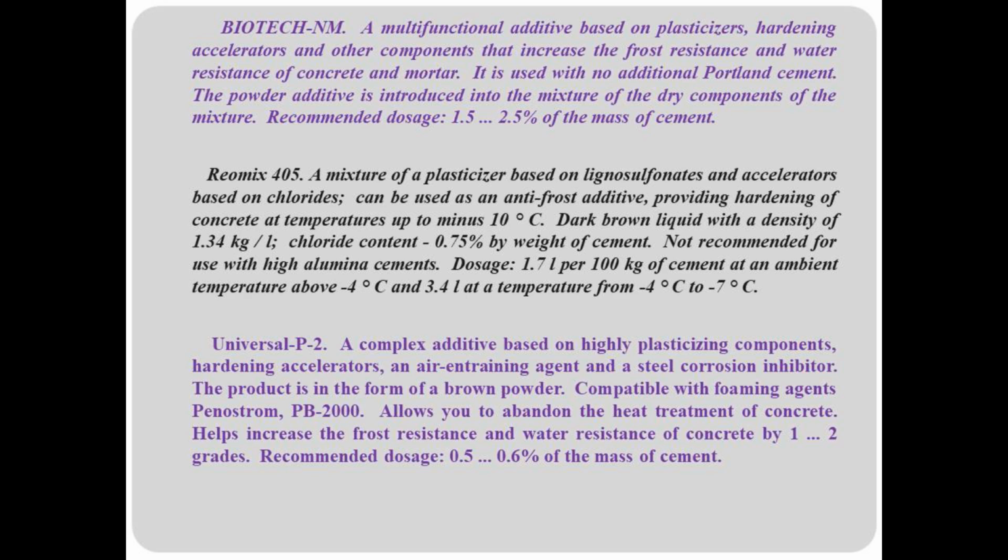Chloride content 0.75% by weight of cement. Not recommended for use with high alumina cements. Dosage: 1.7 L per 100 kg of cement at an ambient temperature above -4°C and 3.4 L at a temperature from -4°C to -7°C.